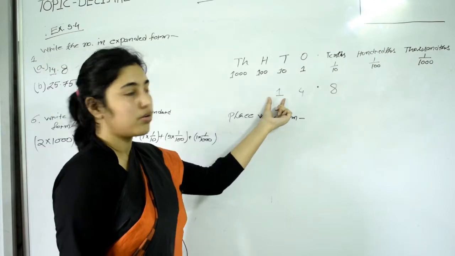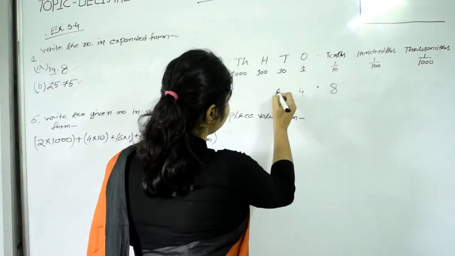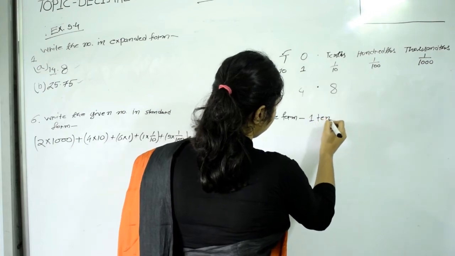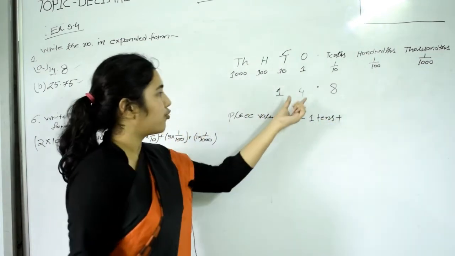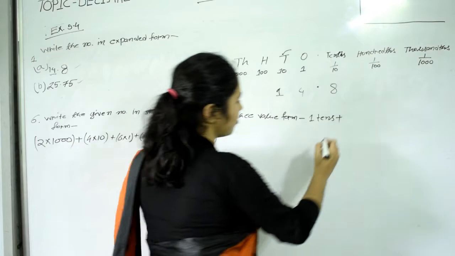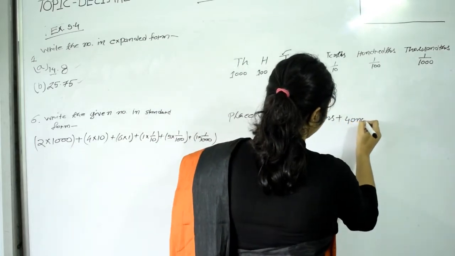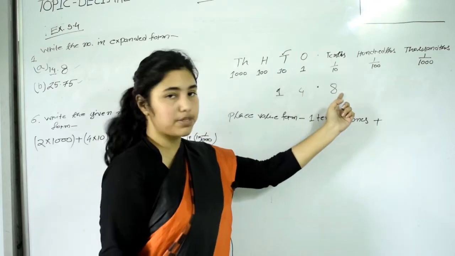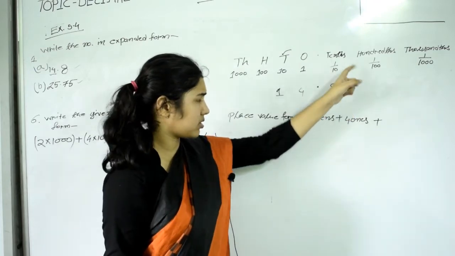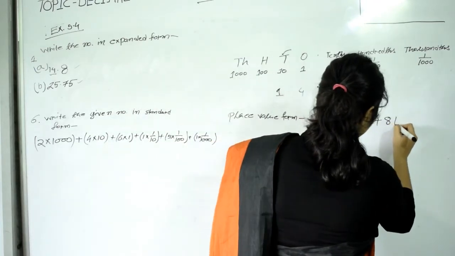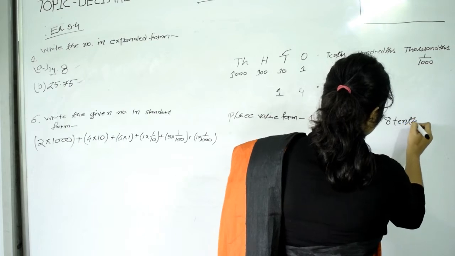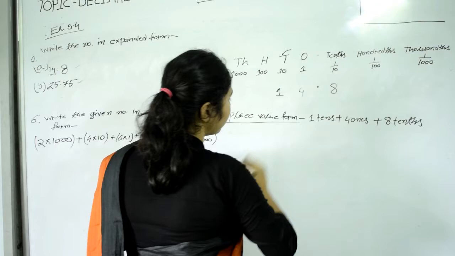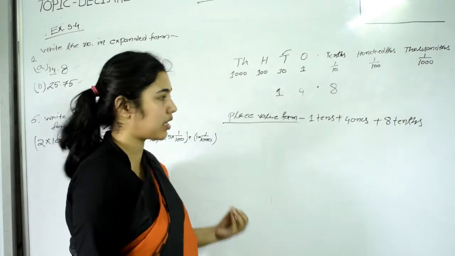So 1 tens plus 4 ones plus, after the decimal point, 8 tenths. So write 8 tenths. This is the place value form of a decimal number.